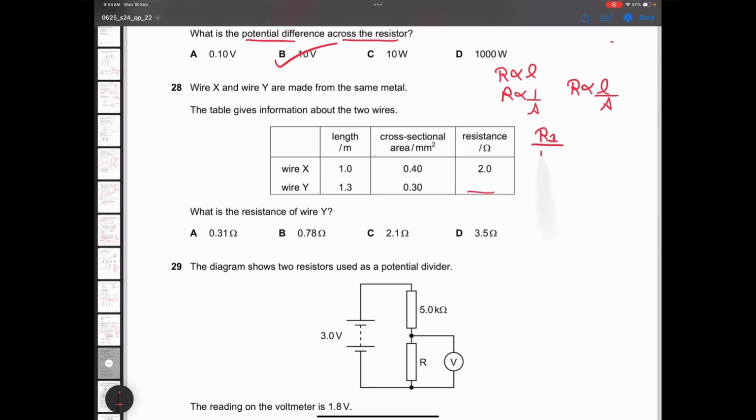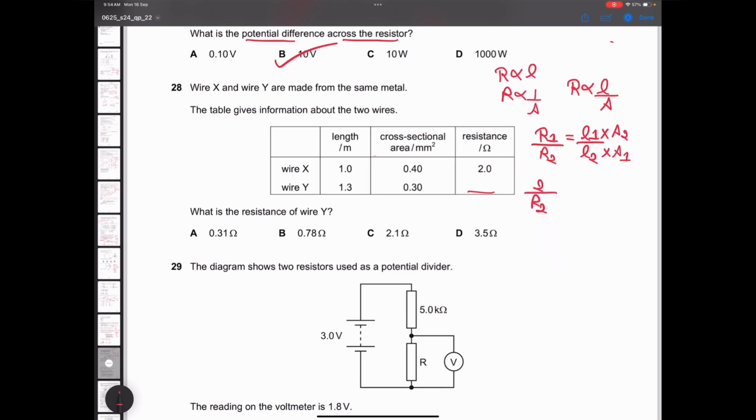R1 over R2 is equal to L1 over L2 times A2 over A1. Now if you check that resistance is directly proportional to length, inversely proportional to area, both of these relations are true in this formula. Now we simply need to substitute in the values. What is R1? R1 is 2.